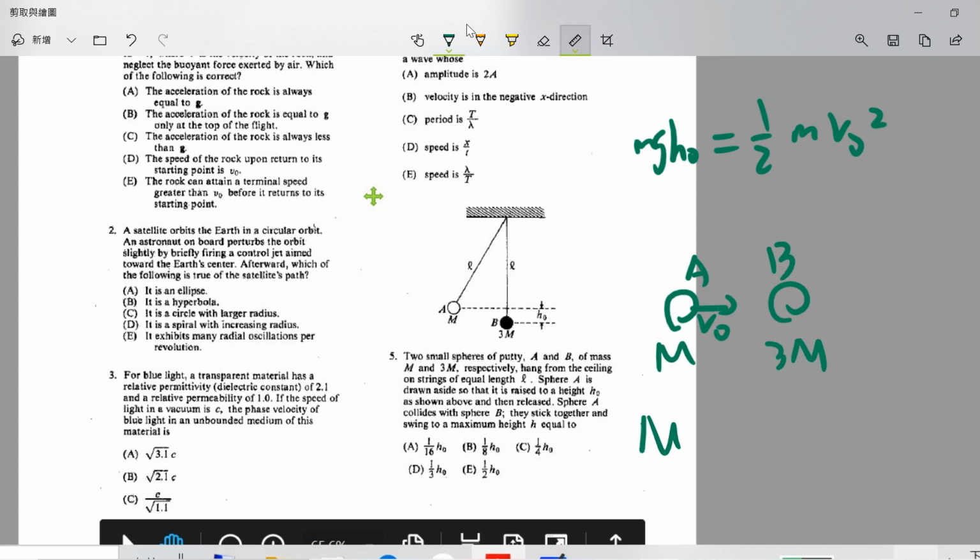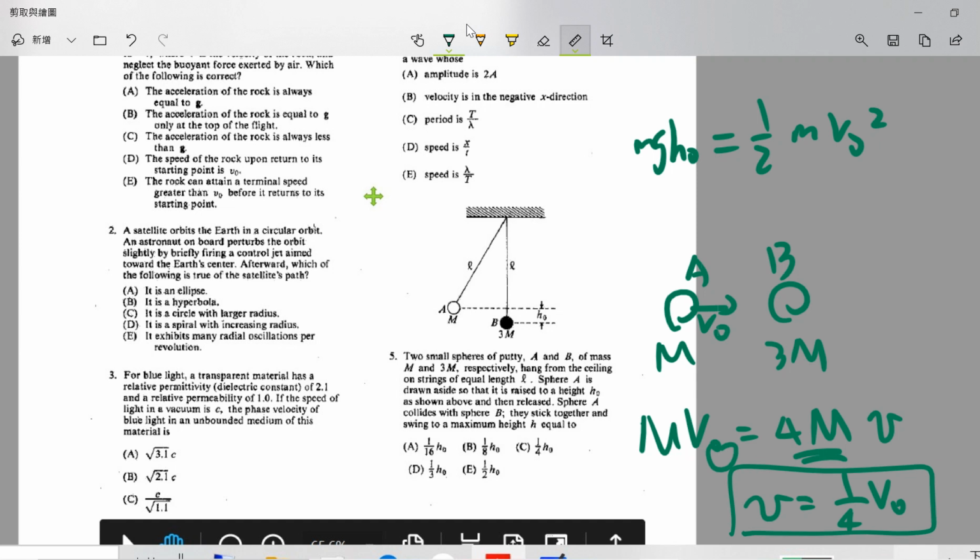Using momentum conservation, they stay together with the final velocity, which is 1 over 4 of v naught. Since the height is proportional to velocity squared, the answer should be 1 over 16. So the answer is A.